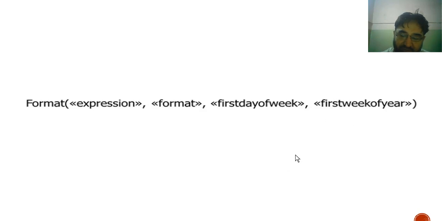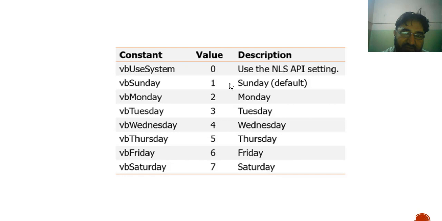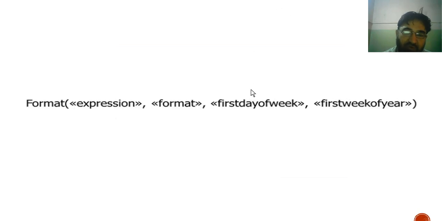Go further. Now look at this. Suppose we give in our expression the first day of the week as 1, then Sunday will be considered the first day, 2 is for Monday, 3 is for Tuesday, 4 is for Wednesday, 5 is for Thursday, 6 is for Friday, 7 is for Saturday.